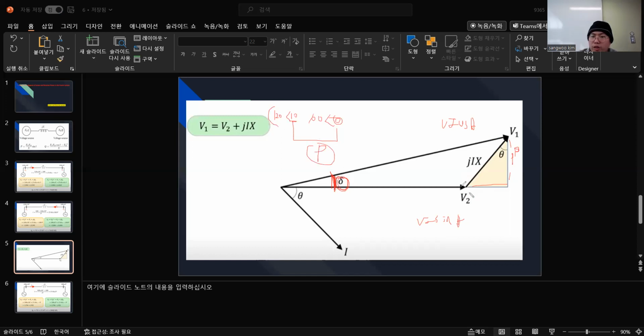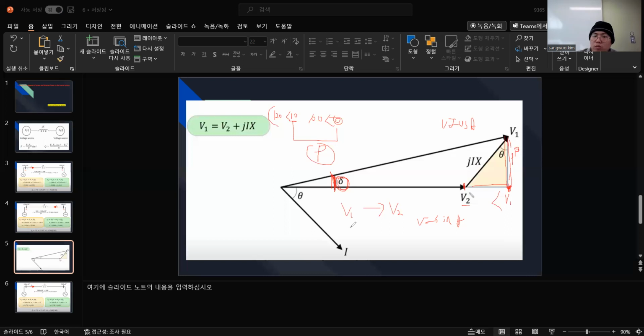And this number, okay, V2 is here, right? And V1 is here, right? If we count down here, make a line. So V1 is a higher number than V2, right? So that's why Q is also flowing from V1 to V2, right?